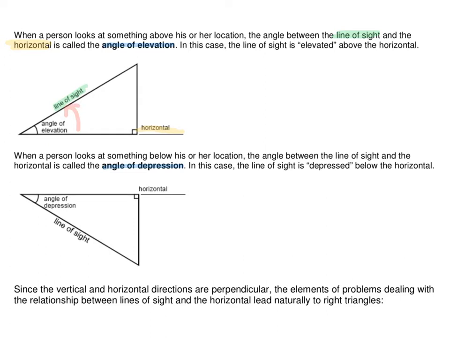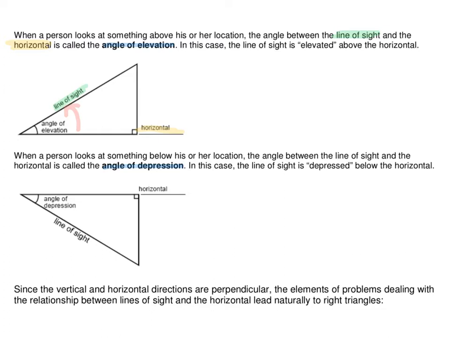On the other hand, when a person looks at something below his or her location, the angle between the line of sight and the horizontal is called the angle of depression. In this case, the line of sight is depressed below the horizontal.